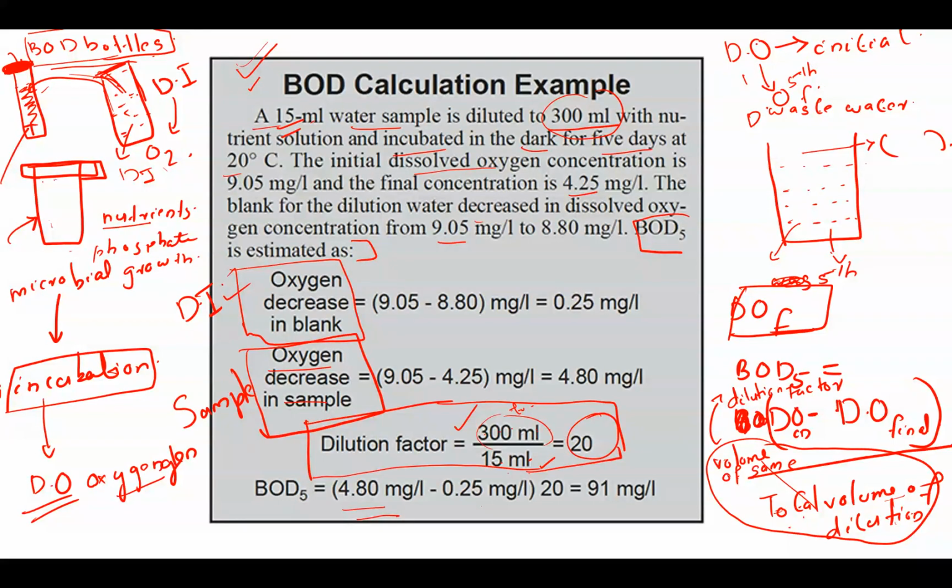In this case, the dilution factor is the volume of sample divided by the total volume of dilution, which I have mentioned here. Here they are taking the decrease in oxygen in the blank and in the sample, measuring the decrease in oxygen in both, and then they are taking BOD by comparing these two solutions. Got it?